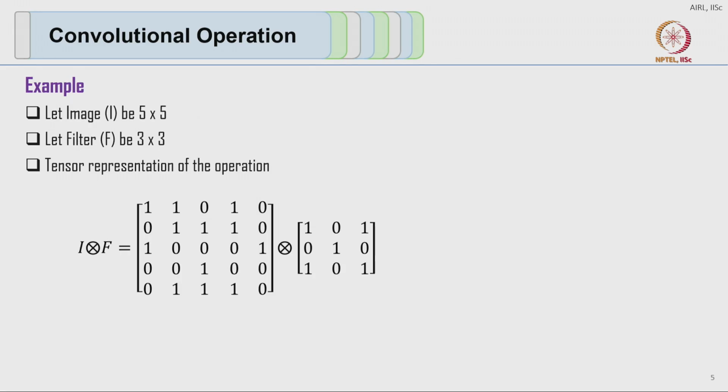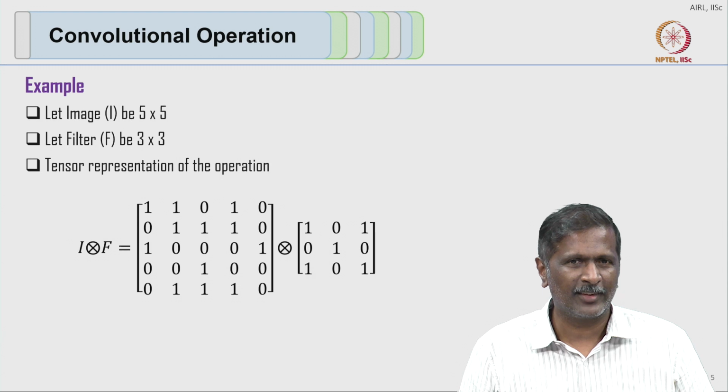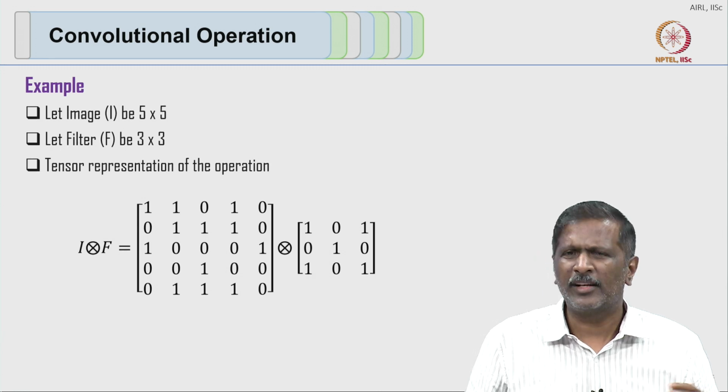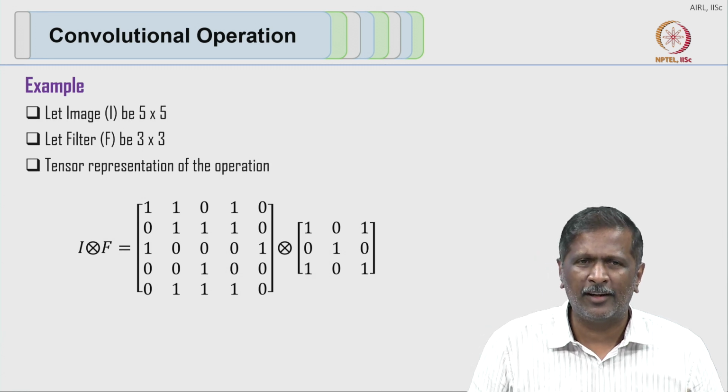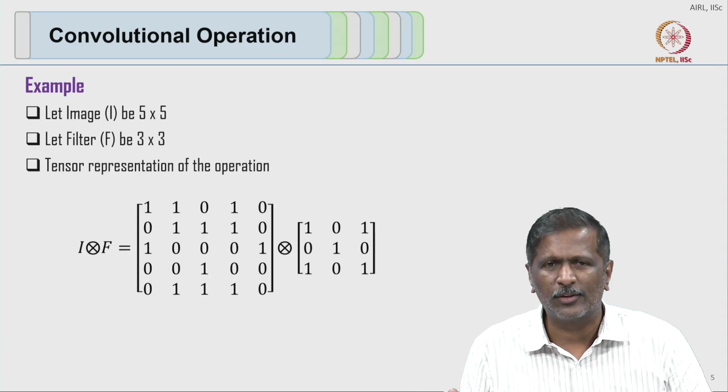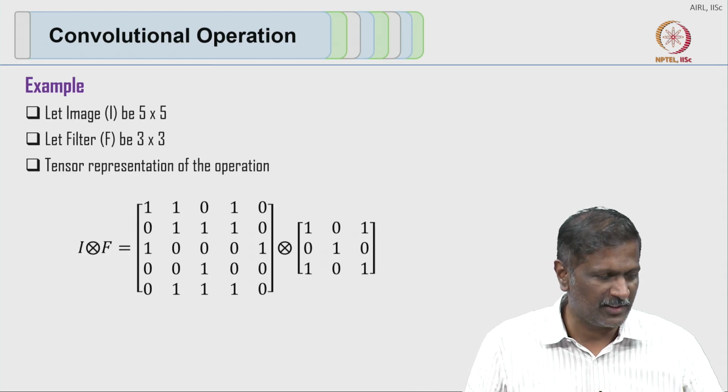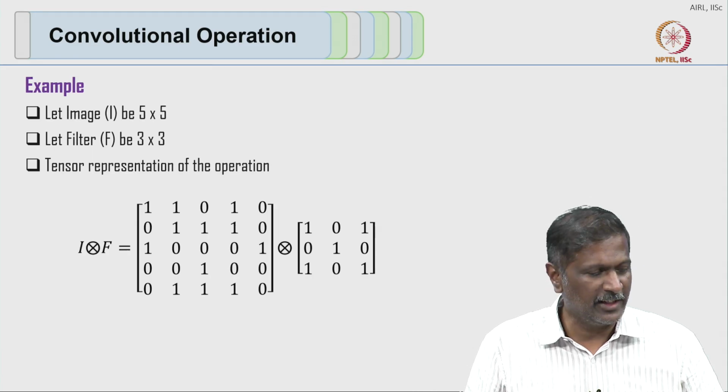For example, I am going to define my image as 5 cross 5, and I am going to take a filter which is 3 cross 3. For ease, I am going to take the image as only ones and zeros, so my computation becomes much faster. What do I need to do?